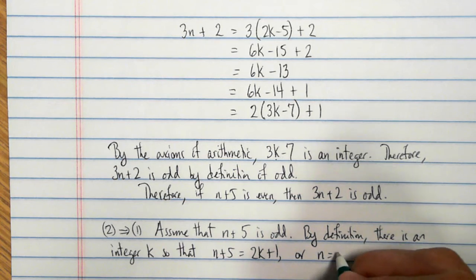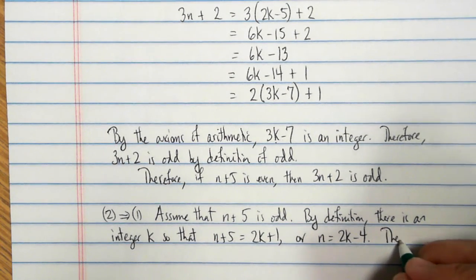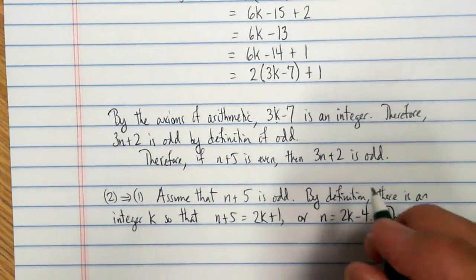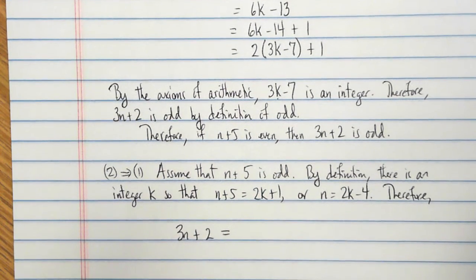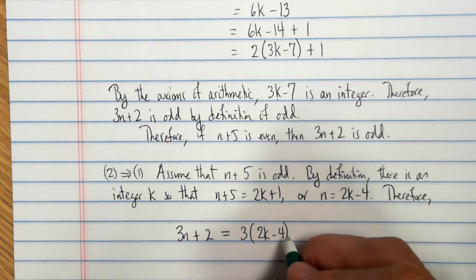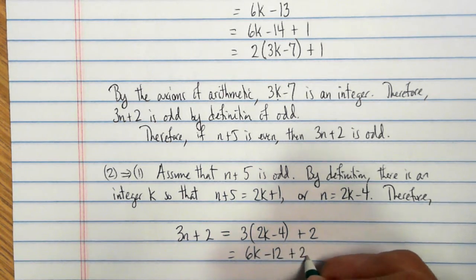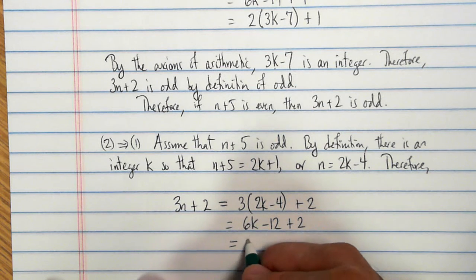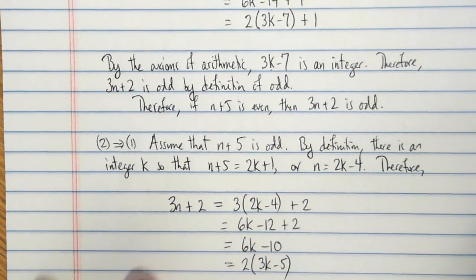Or written another way, n is equal to 2k minus 4. Therefore, let's take a look at what 3n plus 2 is. 3n plus 2 is therefore going to be equal to 3 times (2k minus 4) plus 2, which is 6k minus 12 plus 2, or 6k minus 10. And so I can factor 2 out, 3k minus 5.